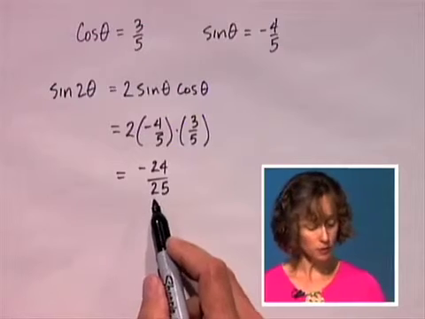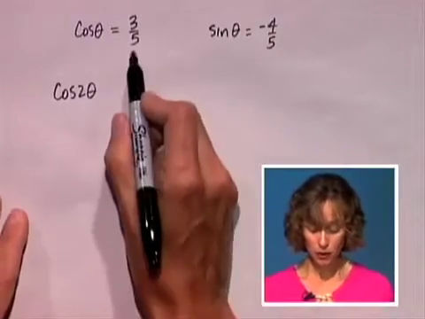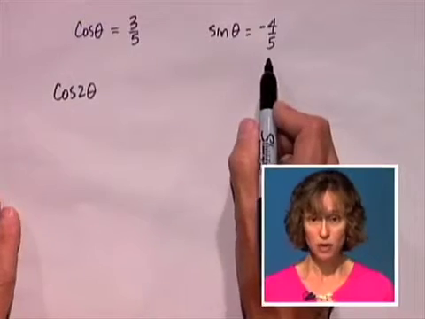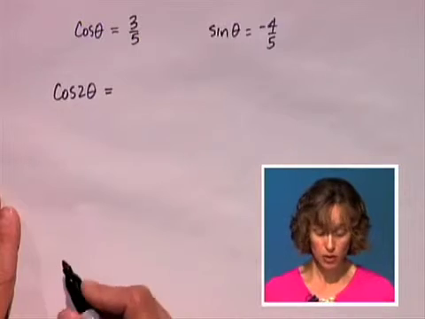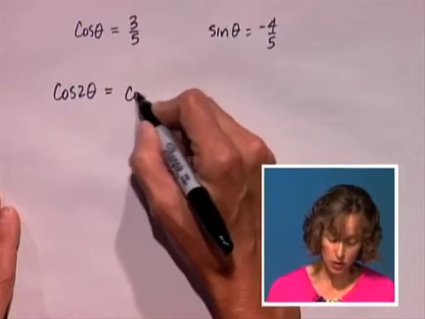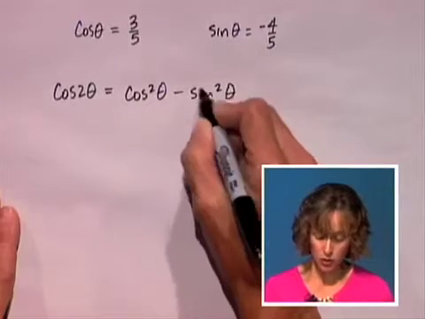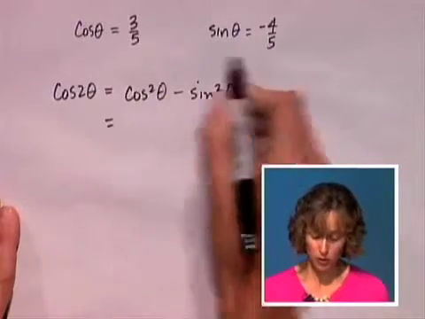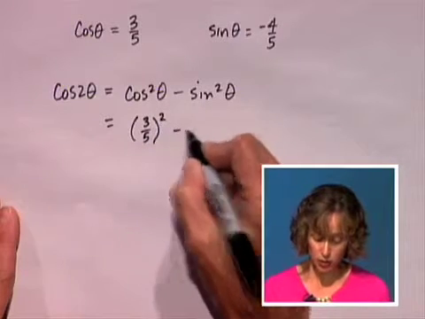Let's continue. We also want to find the cosine of 2 theta. Given cosine theta is 3/5, sine theta is negative 4/5. Well, there are 3 versions of the cosine double angle identity. Let's use cosine squared theta minus sine squared theta and put in the values that we know. We'll put in 3/5 for cosine and square that.